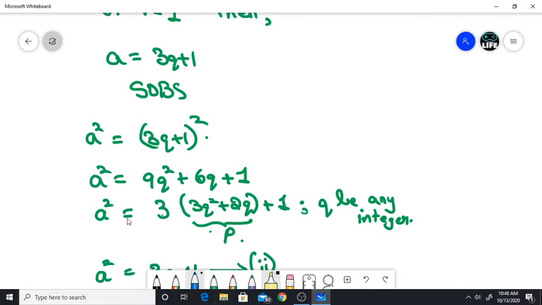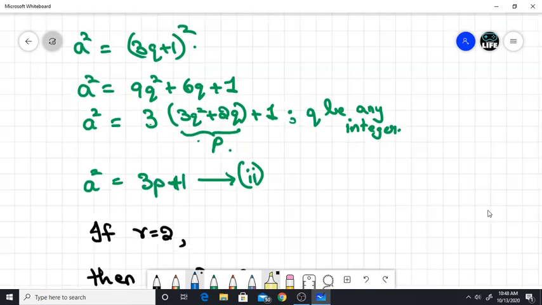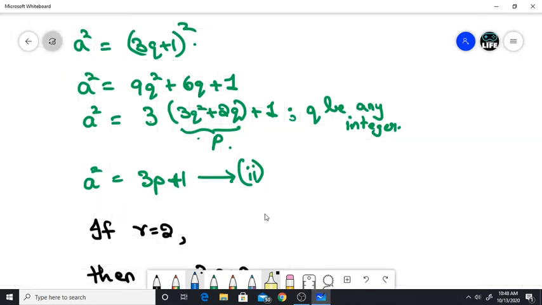So a square equals, take 3 as common from the first two, 3 into 3q square plus 2q, plus 1, where q is any integer. Now make the bracket one as p. So we get a square equals 3p plus 1. Mark it as 2.